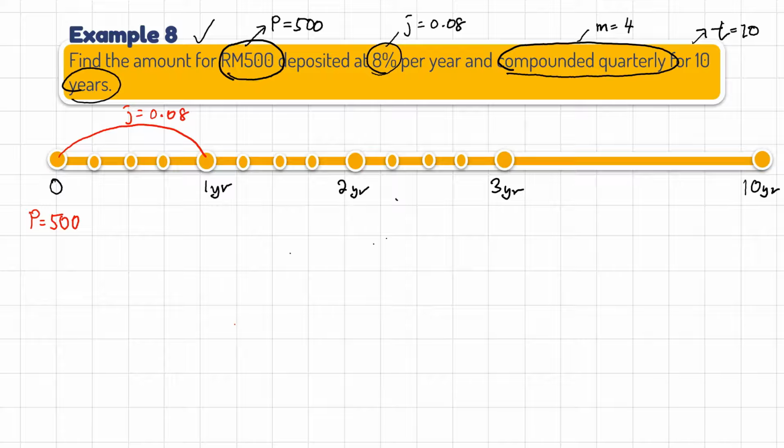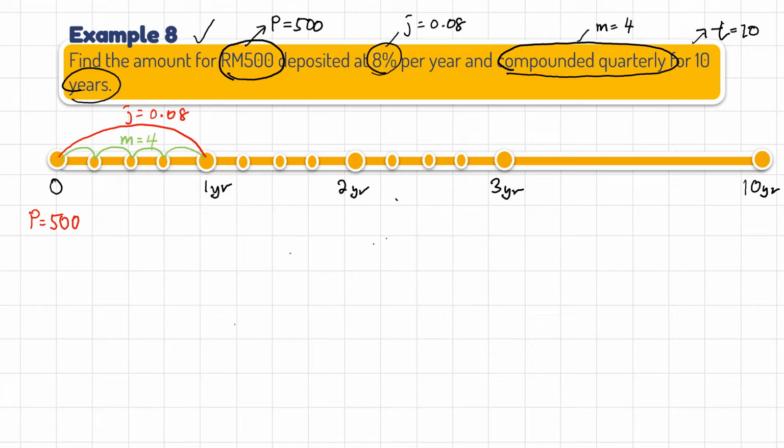The word compounded quarterly means that the rate will work for you 4 times in 1 year. So it will be like this: first quarter, second quarter, third quarter, and fourth quarter. So this will be our m equals 4.